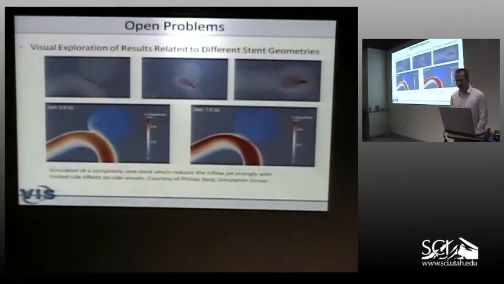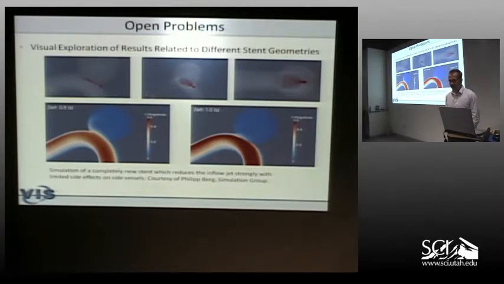more detail. And just one very recent result from our simulation group, they came up with a new stent they have virtually developed and tested, and could show that this stent is very well suited to treat this aneurysm. But for these kinds of experiments, we have so far no really good visual support.